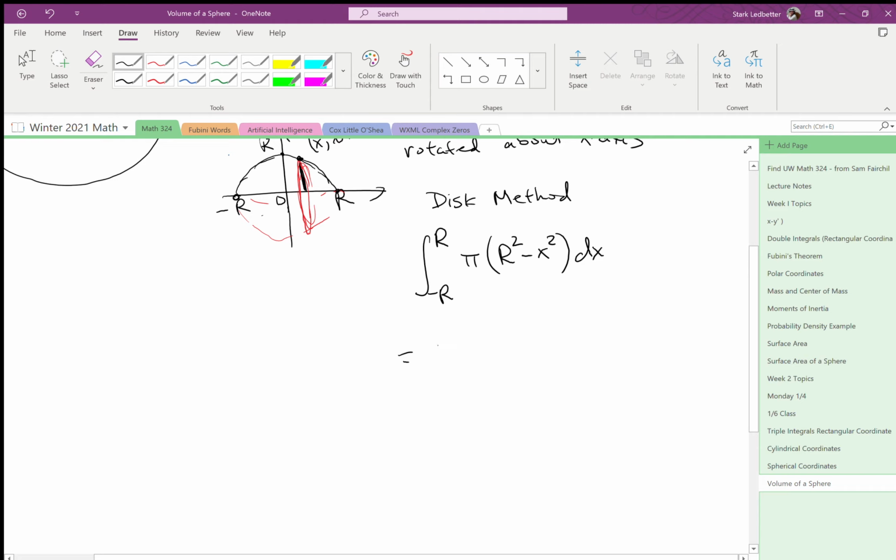Okay, so let's do this quickly. Let's see, we can just integrate, right? This is pi r squared x minus pi x cubed over 3 as x goes from negative r to r.